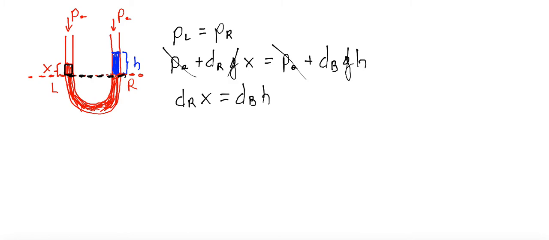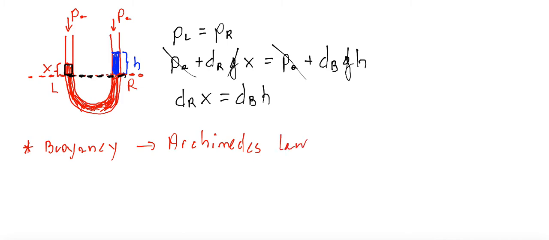Okay, next part of the revision: Archimedes' law and buoyancy. So shortly, if an object is immersed in a fluid, it displaces the fluid, and a new force, a buoyant force or upthrust force, let's use buoyant force, starts to act on the object.